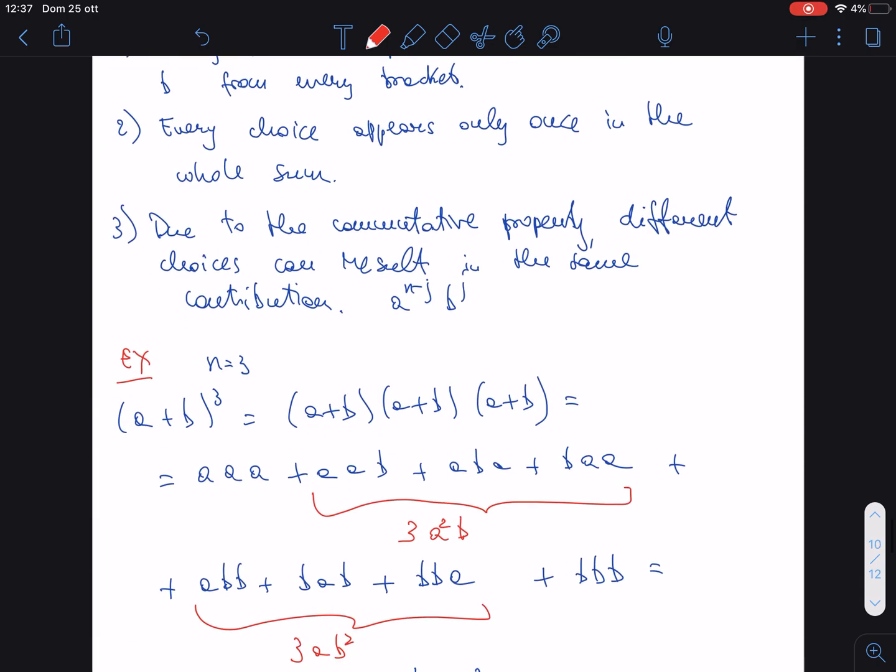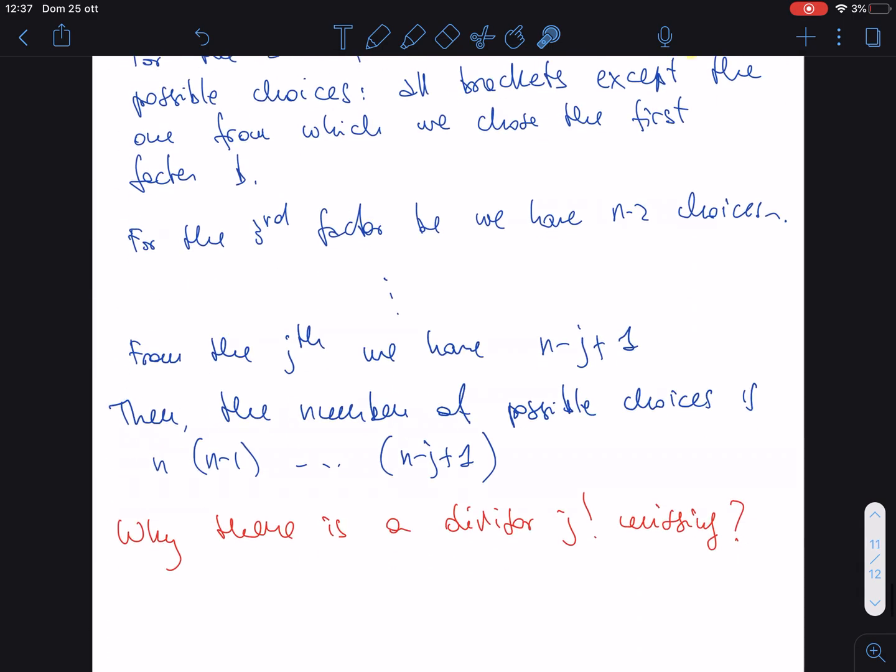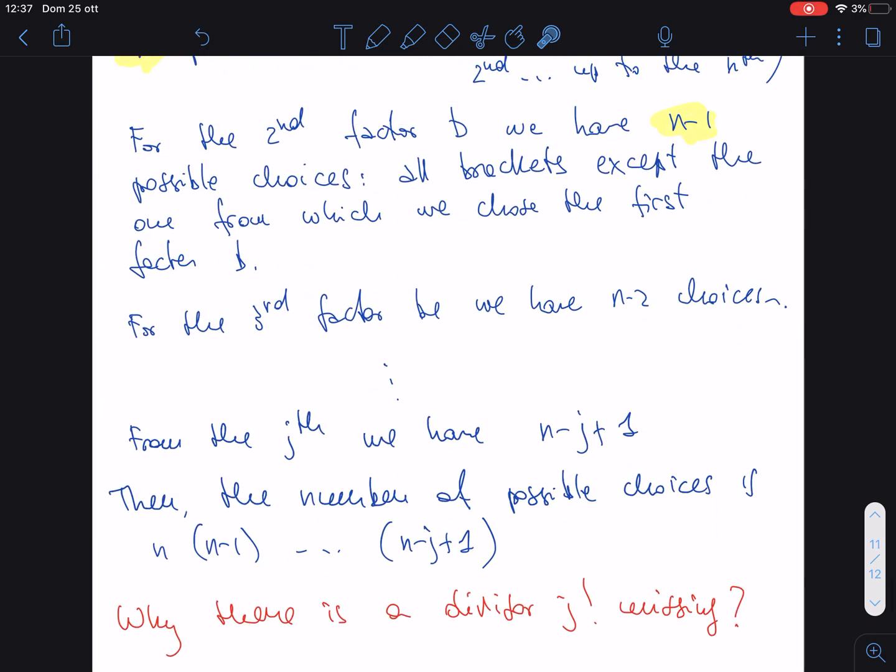For instance, look at here, this ABB term could be obtained in two ways. One way is choosing as first the second box and as second the third box. But you can choose as first box where to extract B the third box and as second the second box. But this term appears only once. So when we counted it, we overestimated the possible choices.